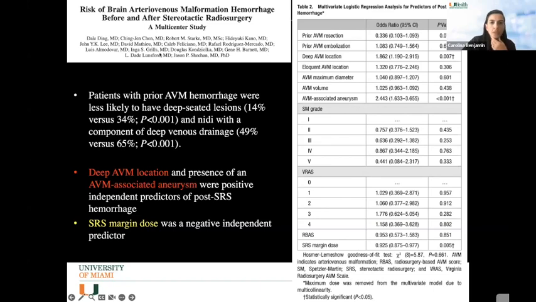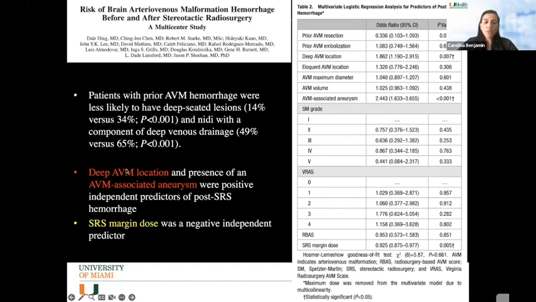So this is a nice multi-center study looking at patients who were likely to have a good response post radiosurgery. You can see here that patients with a prior hemorrhage, again, were less likely to have deep-seated lesions and nidus with a component of deep venous drainage. Most importantly, deep AVM location and an AVM-associated aneurysm were predictors of post-SRS hemorrhage.